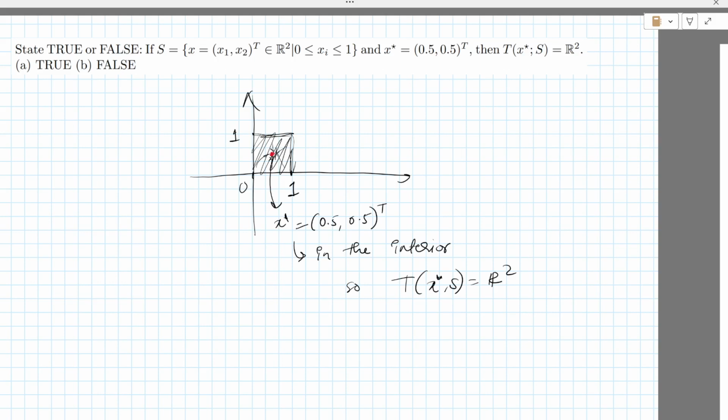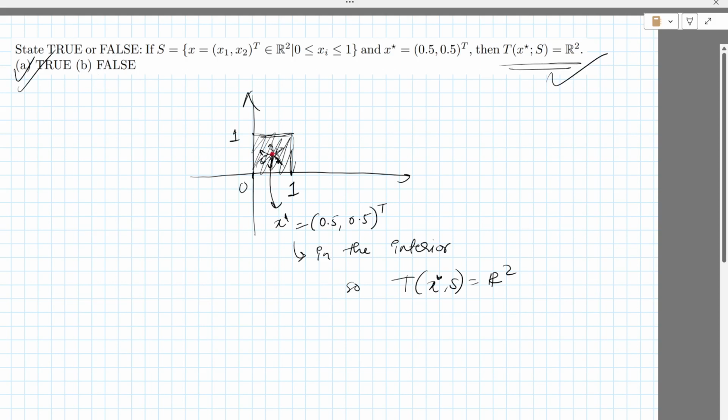If I go in any direction from here, I'll be in the feasible region only. But in the other case, there is only a set of directions in which, if I go, I'll be in the feasible region. So this is false. Oh, sorry, this is true.